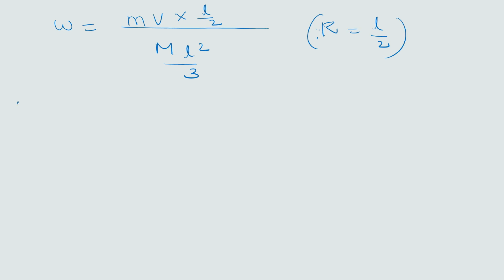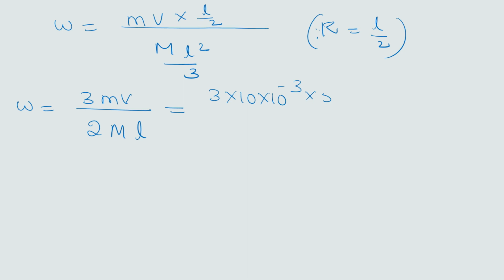Now omega is equal to 3MV by 2ML. Substituting values: 3 into 10 into 10 to the power of minus 3 into 500 by 2 into 12 into 1. 3 fours are 12, and here 10 to the power of minus 3 by 10 to the power of minus 2, and the 2s get cancelled.